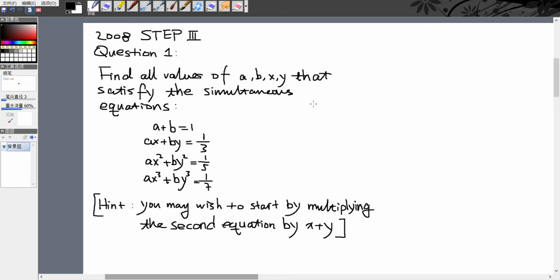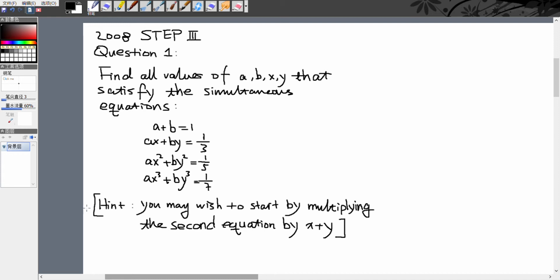Okay, in this video I'm going to give the solution of the 2008 STEP 3 question 1. In this question it asks us to find all values of a, b, x, y that satisfy the simultaneous equations a plus b equals 1, ax plus by equals 1 over 3, ax squared plus by squared equals 1 over 5, and ax cubed plus by cubed equals 1 over 7.